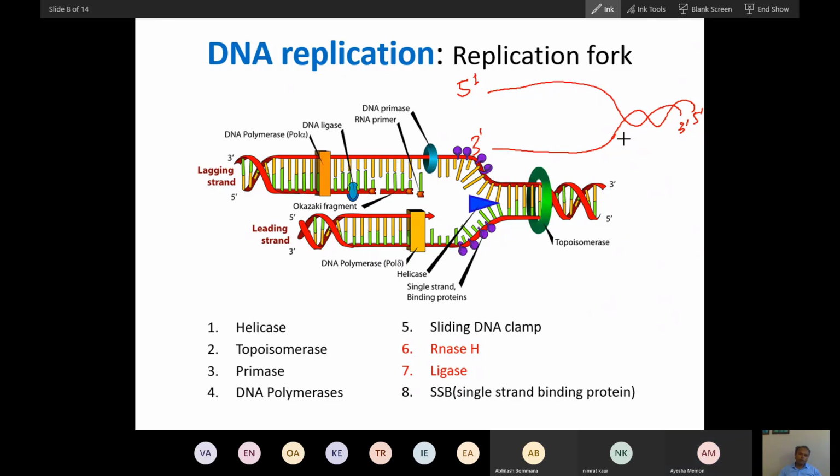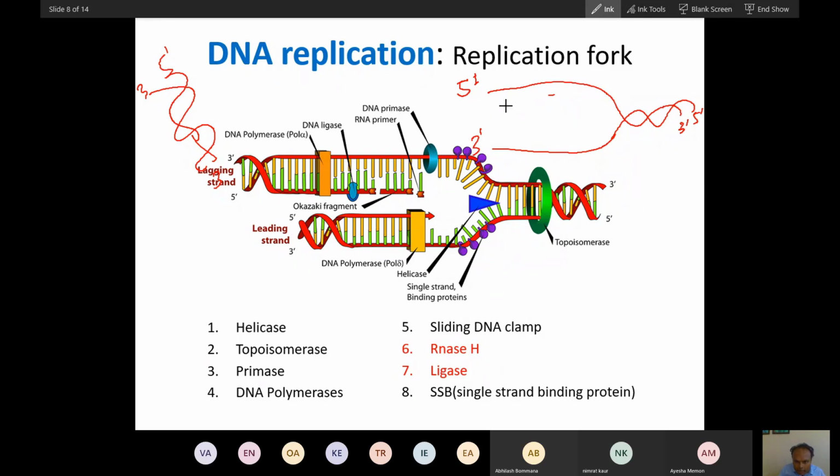Now, you know the DNA double helix is anti-parallel, 5' to 3' and 3' to 5'. So the nucleotide polymerization that happens here will be unidirectional in the direction of 5' to 3'.